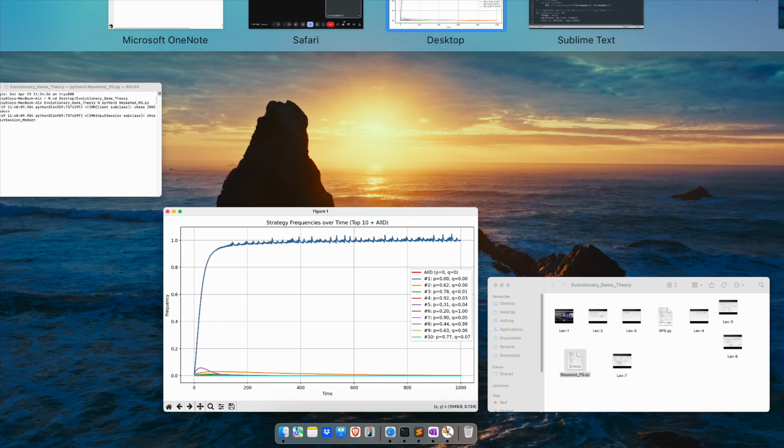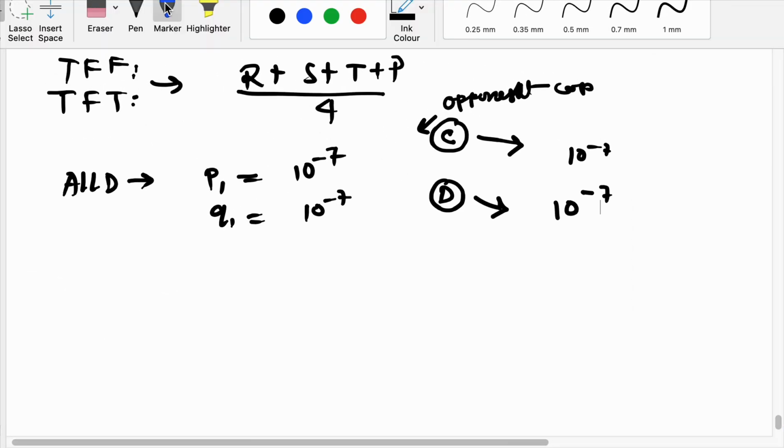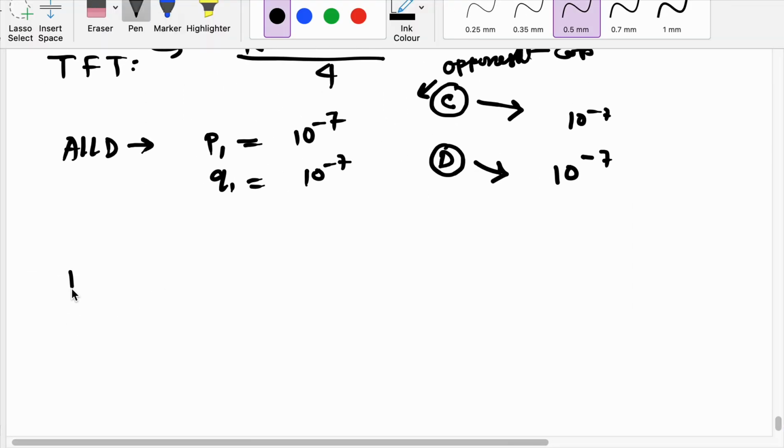Here the situation is, let me write it down: there were 100 types of individuals present initially, and everyone's frequency was the same.